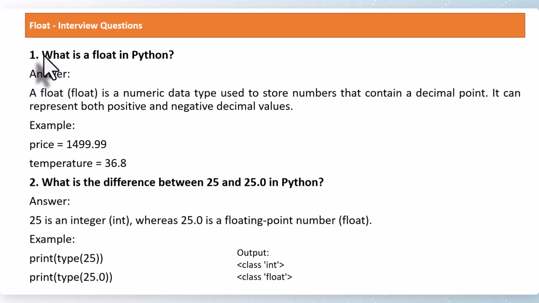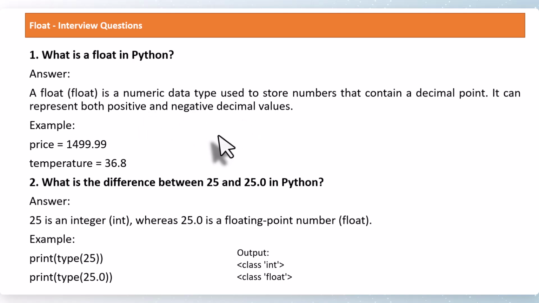Now let us see some questions on the float data type. What is a float in Python? Float is a numeric data type used to store numbers that contain a decimal point. It can represent both positive and negative decimal values.